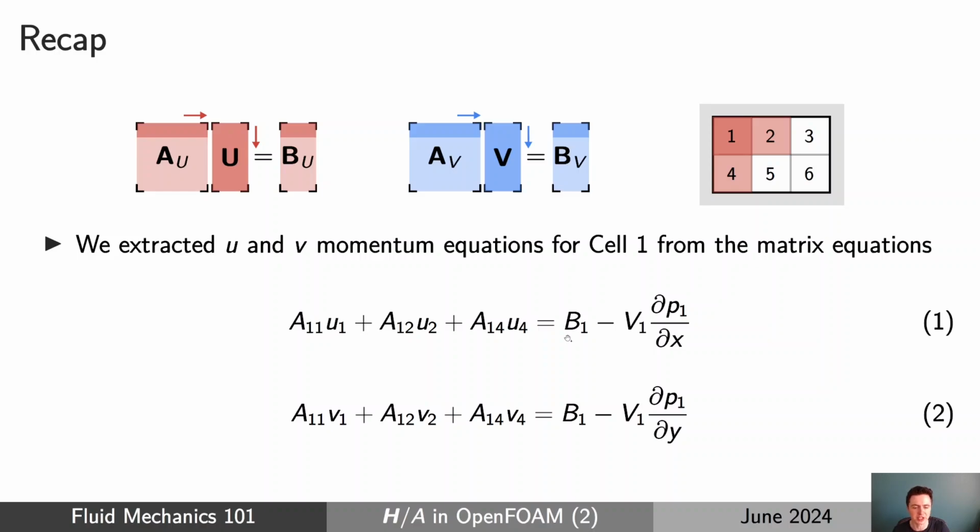And you may remember we separated out all of the source terms and we separated out the pressure gradient force, so the cell volume V1 multiplied by the pressure gradient. We separated those two contributions to the B vector out. And we did this process for the U momentum equation and the V momentum equation.